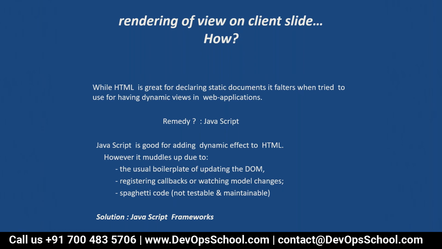So this code, it becomes spaghetti type of code, nested code, and which becomes very difficult to maintain also, right? So now what should we look for? JavaScript is the only solution to render the dynamic view on the client side.